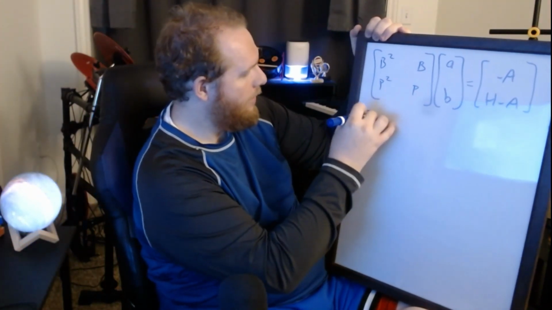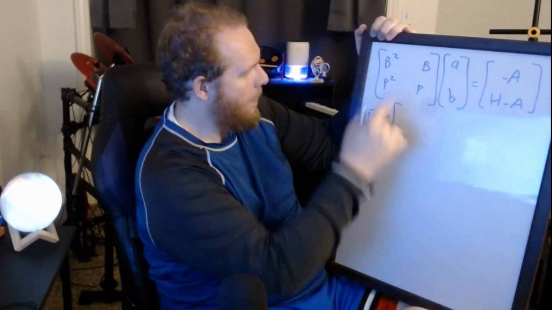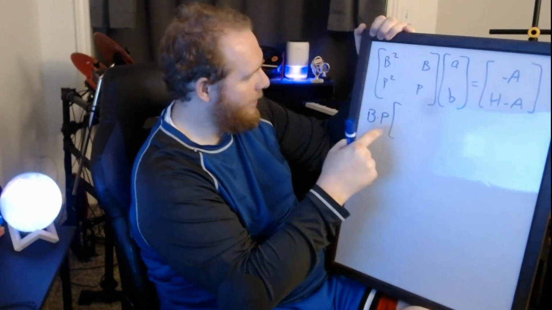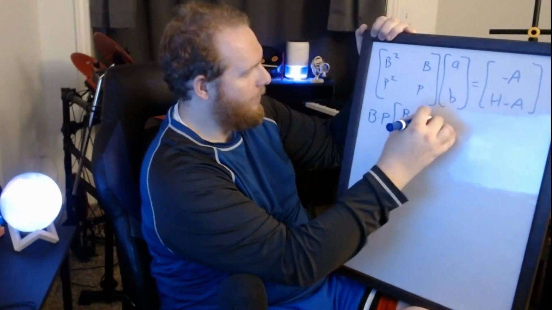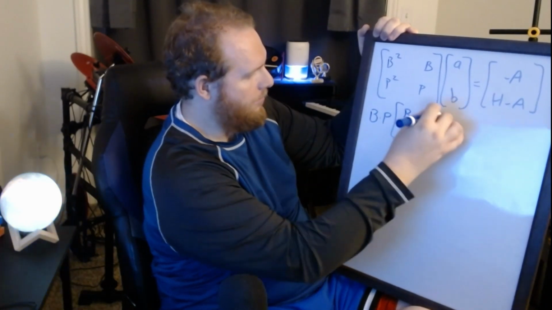I can factor out a big B from the top line and a big P from the bottom line, and actually be left with just B, 1, P, 1.